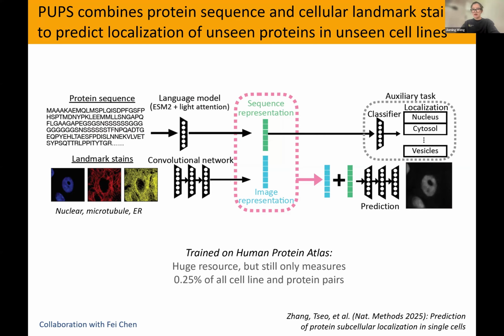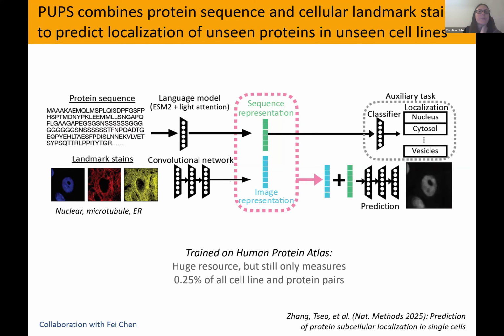Also, when you're generating your images, do you provide non-stained cell images to provide the cell morphology information? Because different cells have different morphology and sizes, and that could change a lot of the protein localizations as well. Exactly. So I'm wondering about more details of this project and what your findings are.